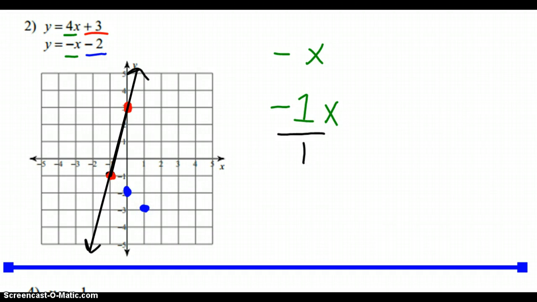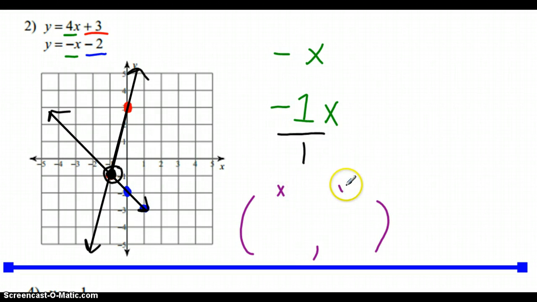Now, you may see it already, but when I connect these points with a line here, I see that our intersection point occurs right here. Now we need to figure out what our coordinate points are, because that is how we phrase our final answer. We always talk coordinate pairs in terms of x and y.